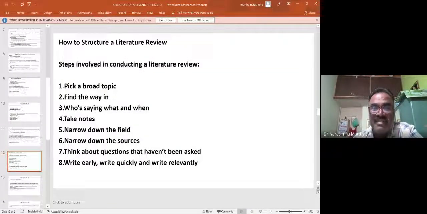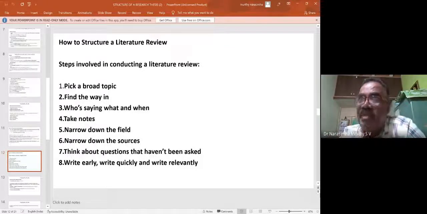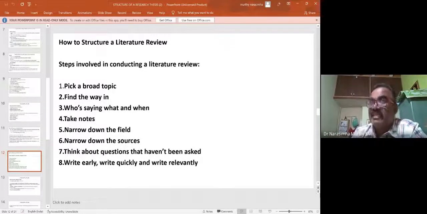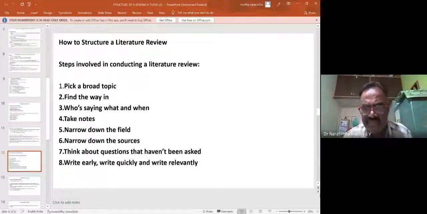Start writing. See, in this literature review, you should be able to give the reviewer, the examiner, a very clear idea about all these things. It is not just telling that I have referred to 100 books, 200 websites. Information or data is available in plenty, but how to structure it?